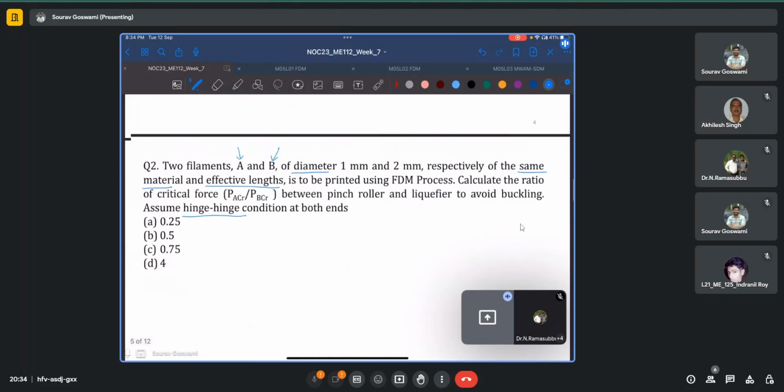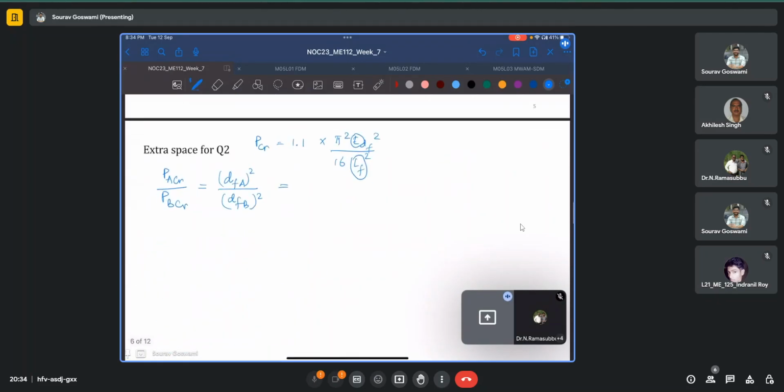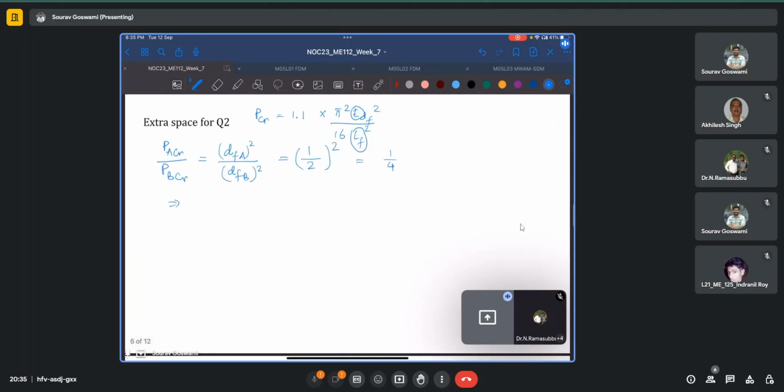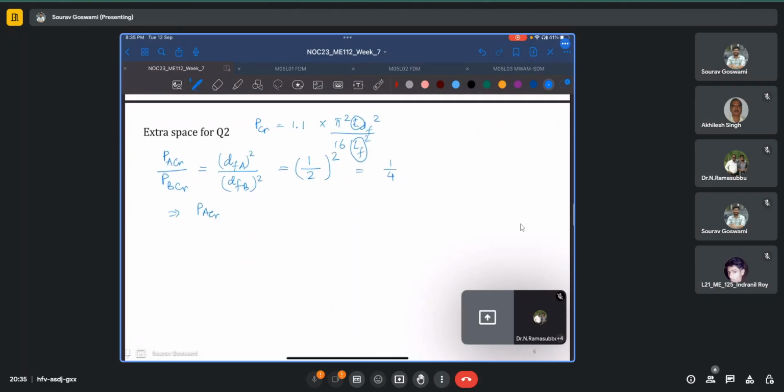Now these values are given to us. So for A it's 1, for B it's 2. They have the same units which is mm. So 1 by 4, or PACR by PBCR, will actually be equal to 0.25.